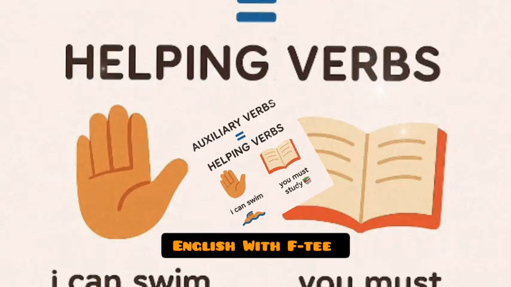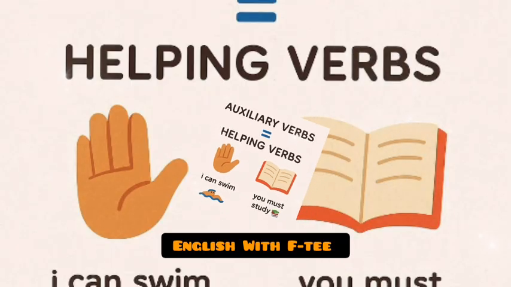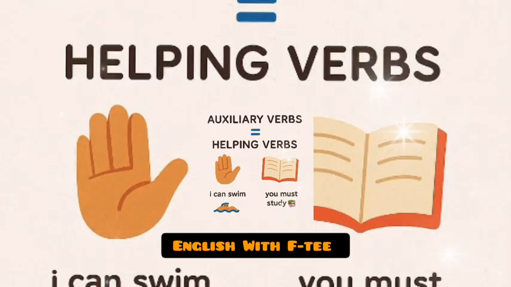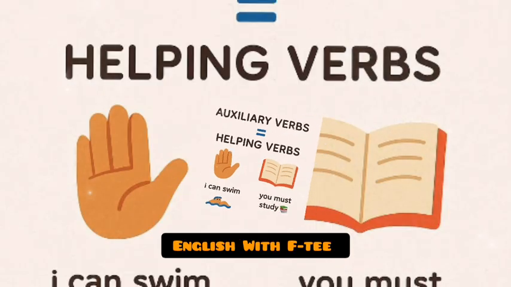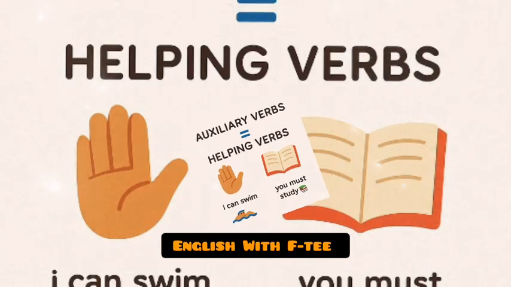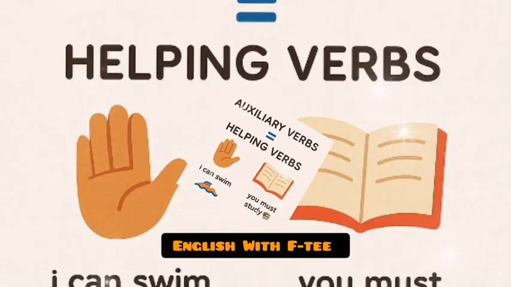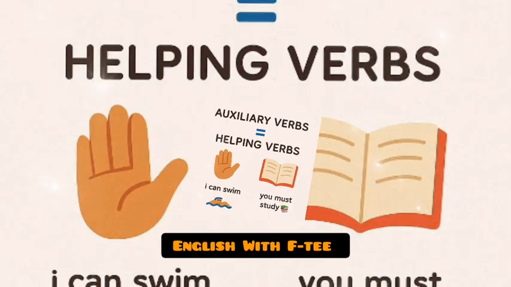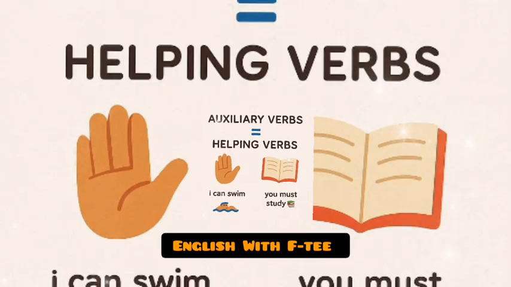Then the to have verb, we have have, has, and had. Then to do, we have do, does, and did. Now let's see how we use these primary auxiliary verbs in sentences.